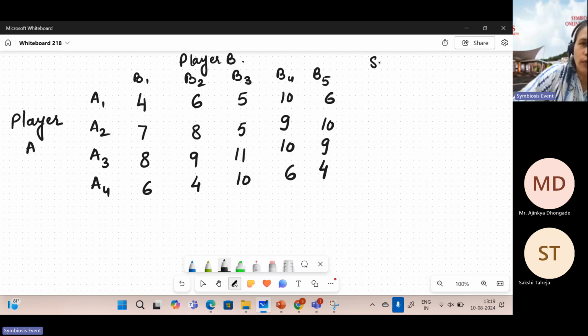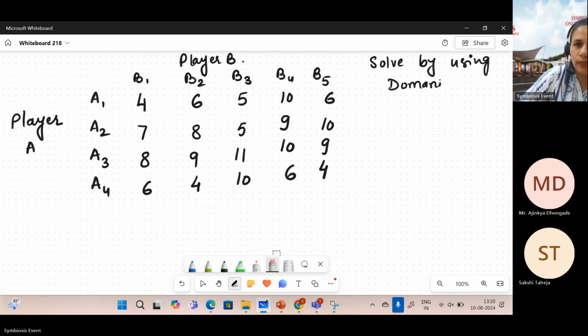Solve by using dominance property, right? So what I said, you start with any of the row or any of the column.